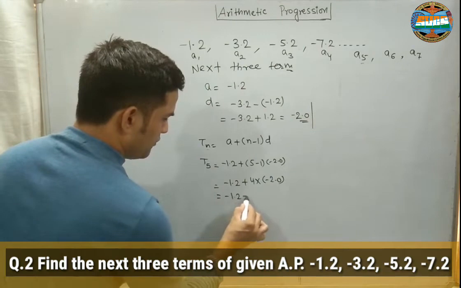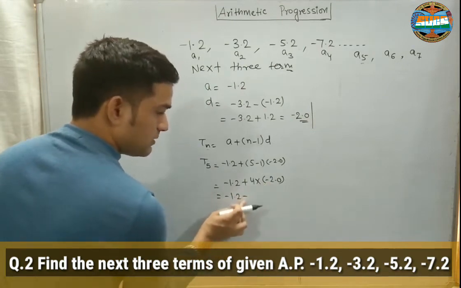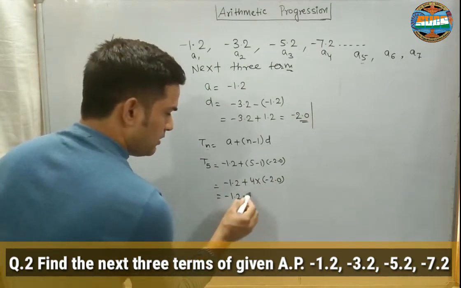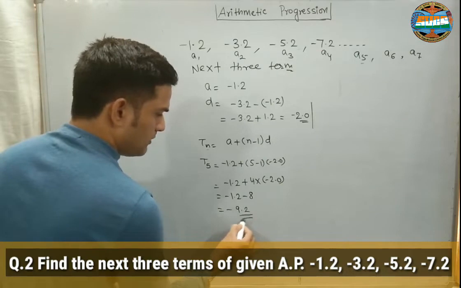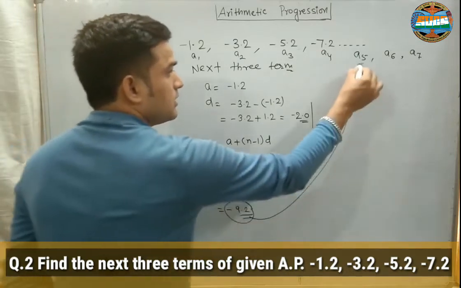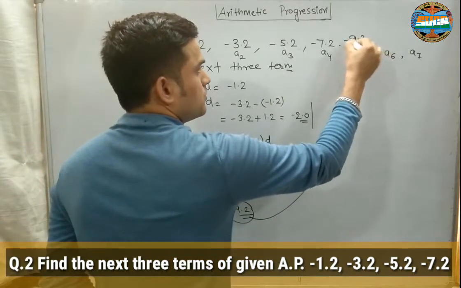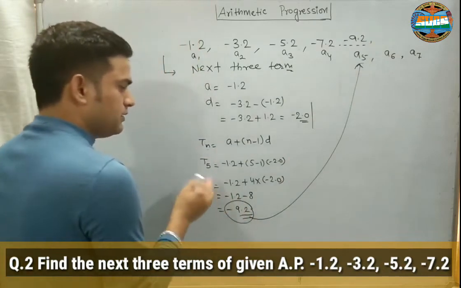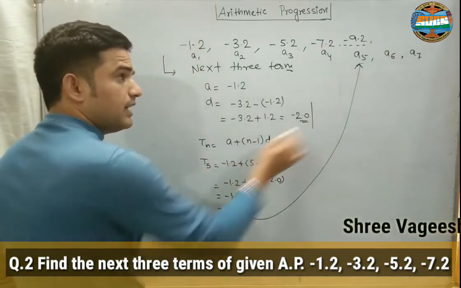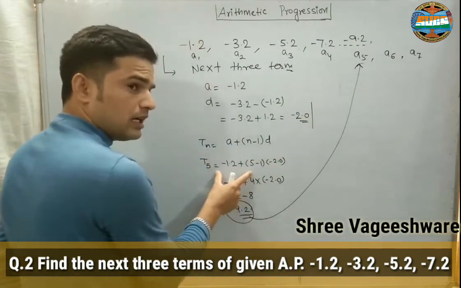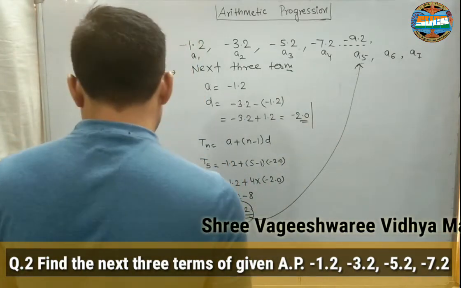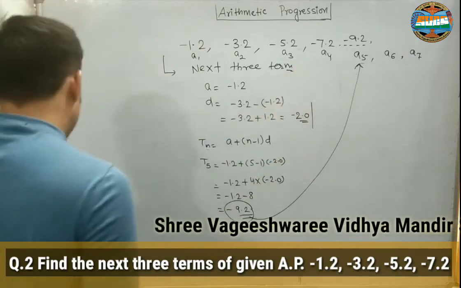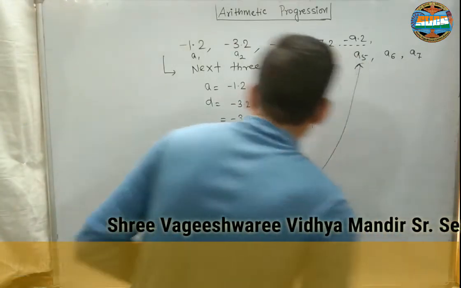Next, -1.2: we multiply minus and minus. 4 multiplied by 2 gives 8, minus 8 plus... -1.2 minus 8, that is -9.2. We got -9.2. Next we find A6 by this formula, and so on. This is the second method of finding the next terms according to the question.